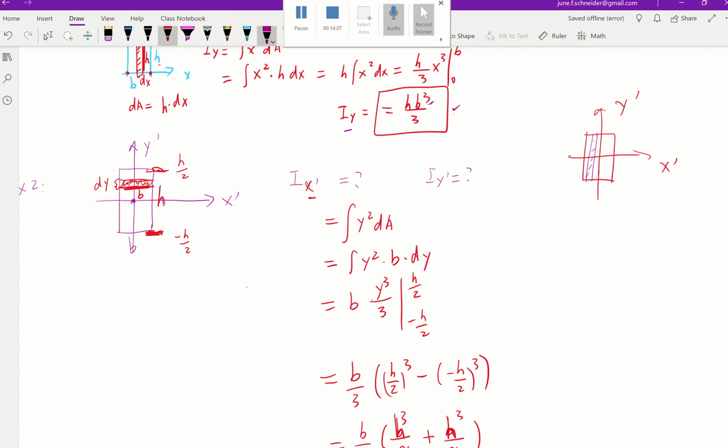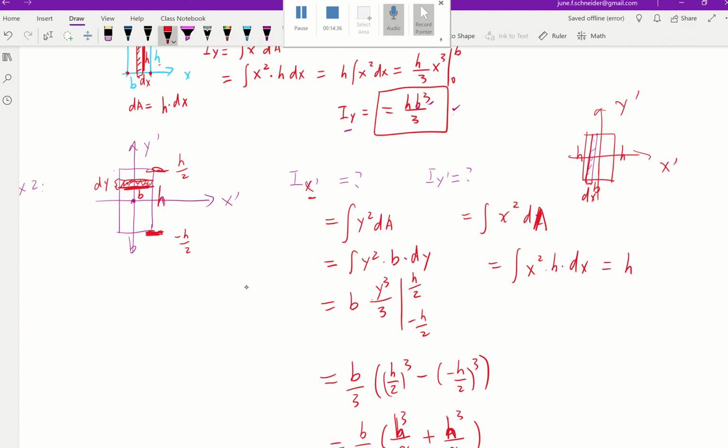So for that situation, you will use the formula x squared dA. We need to figure out this rectangular shape's area. This is going to be our dx, and if this is b and this is h, then this length will be h. So the area will be h times dx.